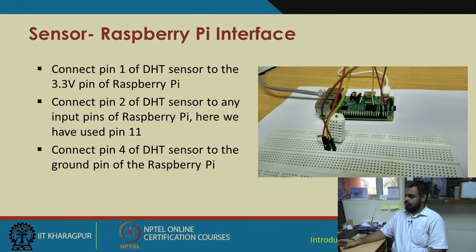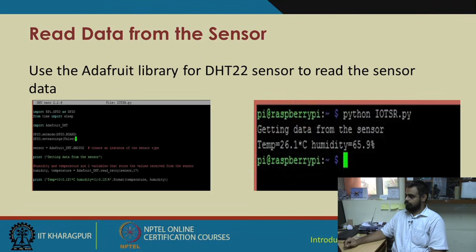The only change is pin 2 of DHT is connected to pin 11 of the Raspberry Pi. We already have the Adafruit Python library for this DHT sensor, and we have all the libraries installed as covered in the previous lectures. The code is also similar to the previous lectures.